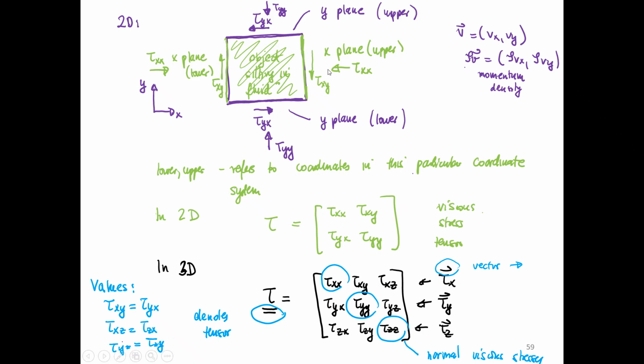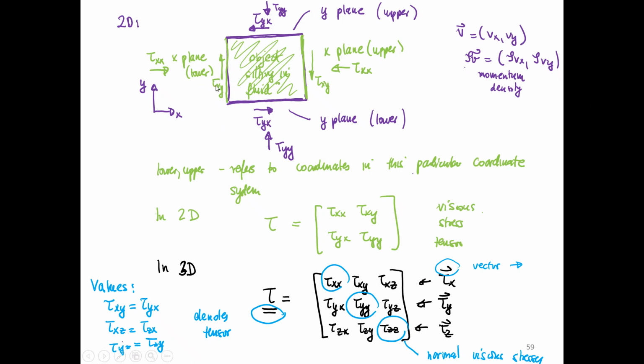And then I have a similar story going on for tau xy. So this is transfer across the x plane. Here, I'm transferring from lesser x coordinates to higher x coordinates. This is my x direction, right? So this is going to point upwards at tau xy, but it's the transfer of y momentum across the x plane. Yes?